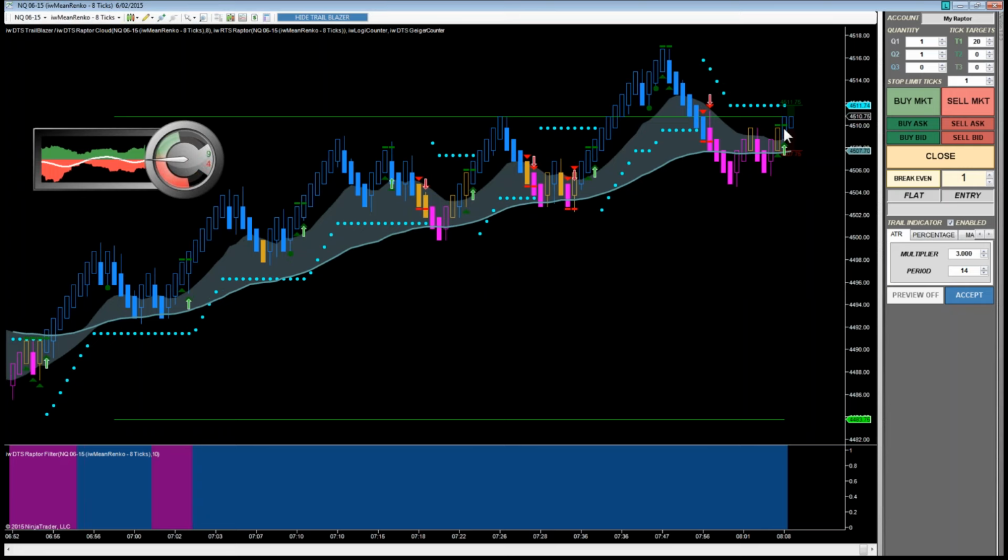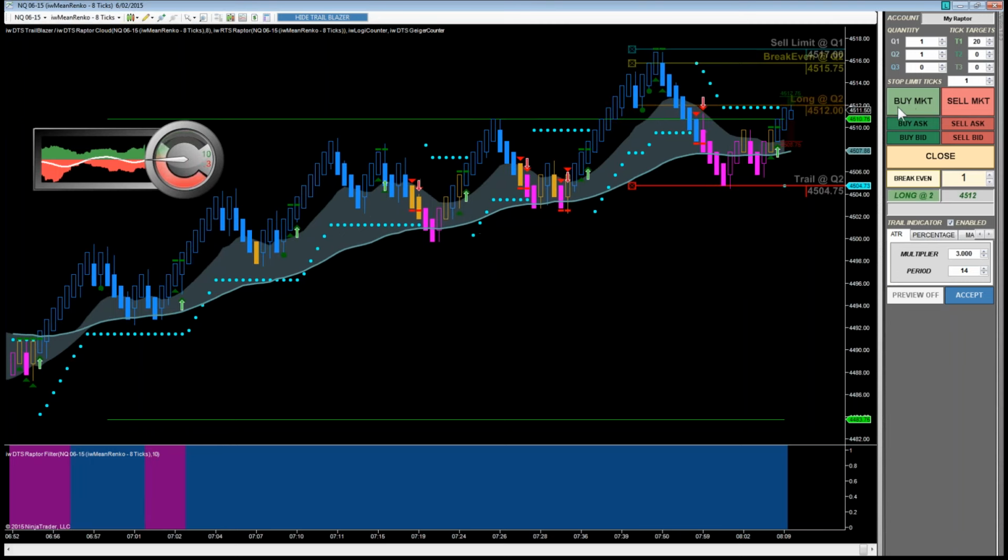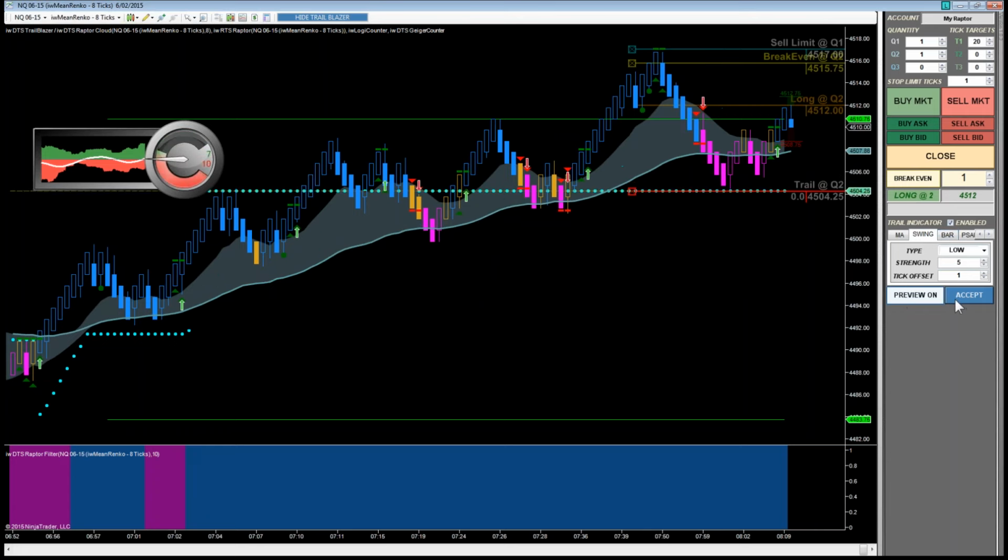And now what I'm doing is I'm just using this bar here as my signal bar. Took a little slip on it, not quite what I was looking for.